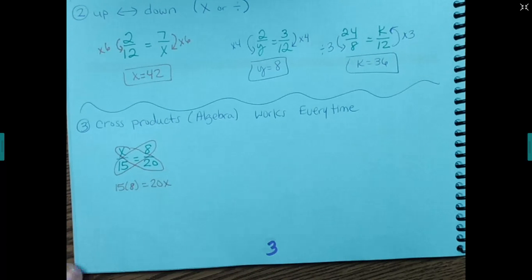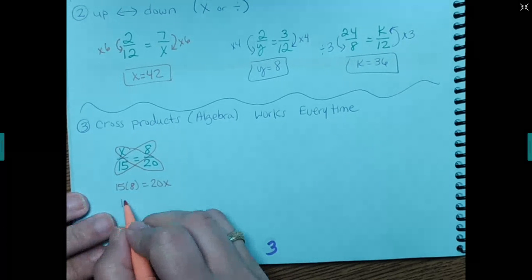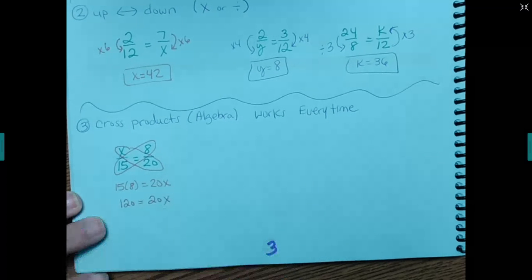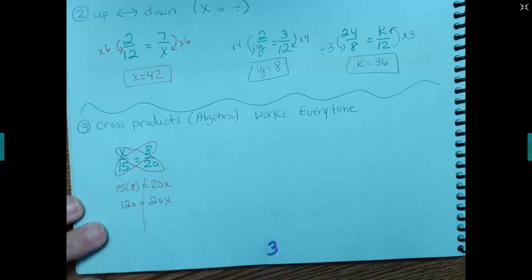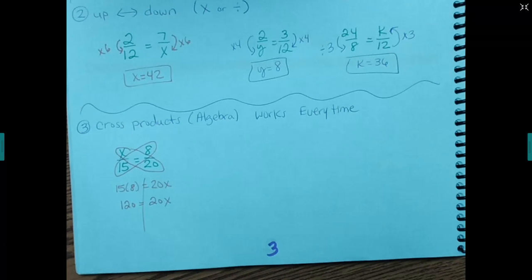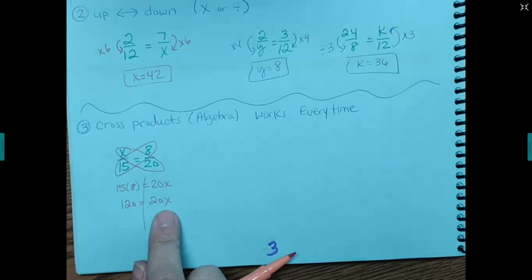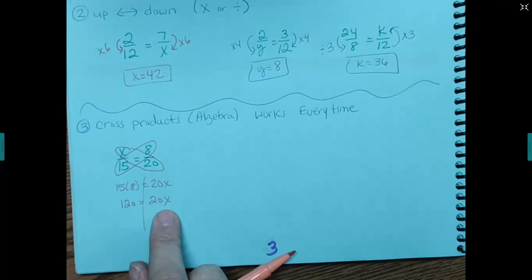Okay, I'm going to save you the time and tell you this is 120 equals 20x. Now this is just regular algebra. How would I get x by itself in regular algebra? What's happening to your x right now? Divide. And good, and Ruth, I saw your answer in there.